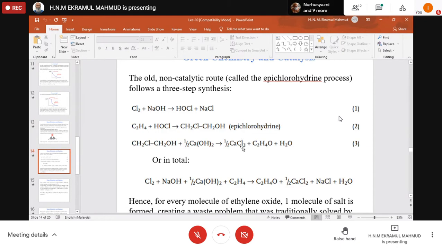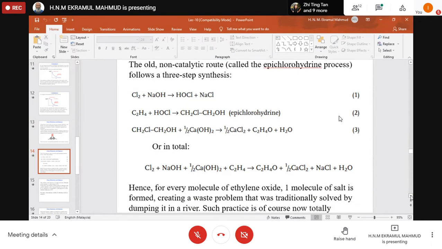It produces salts, suppose calcium chloride. We need this one, right? Why do you need this?